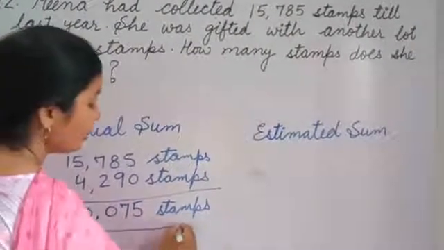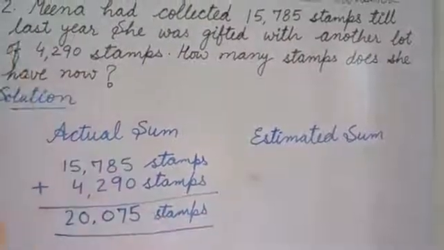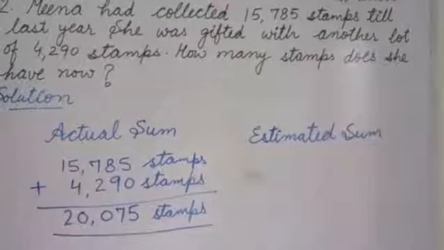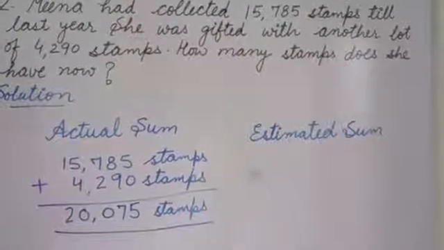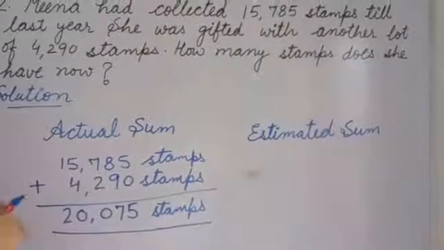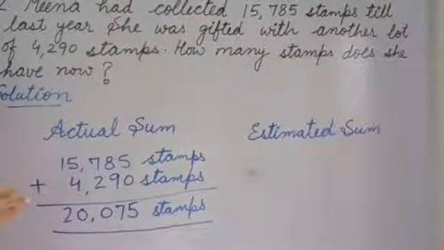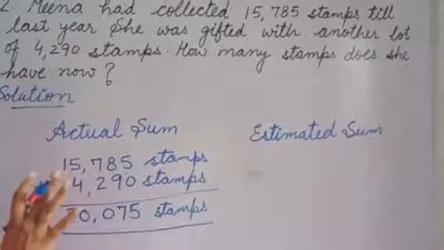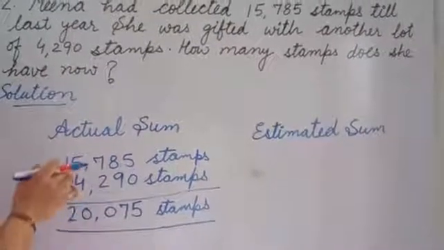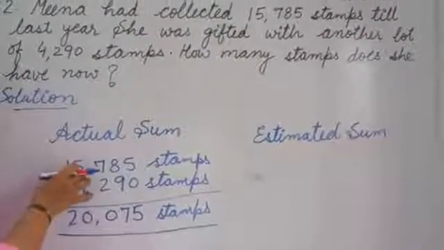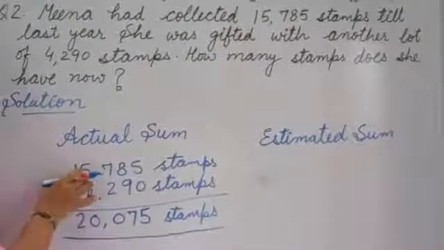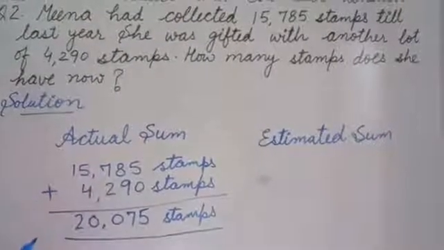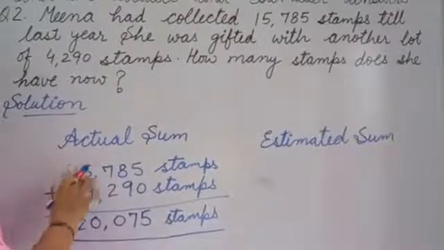Now we have to find its estimated sum. So for estimated, what we do? We have to find their rounding numbers. So as I told you that we have to find rounding number because there is not given fixed that rounding of tens, 100, 1000, whatever is there. So for that we will take last one period. Last period is 1000. So we have to find a rounding of 1000. So for rounding of 1000 we check 100 column.